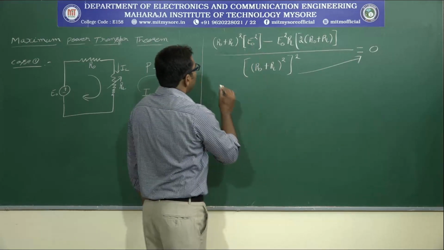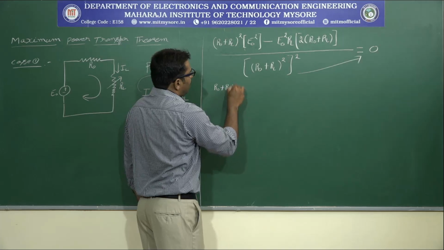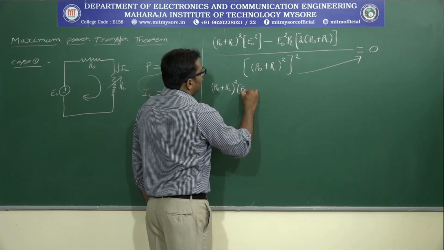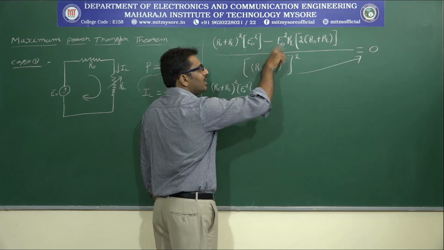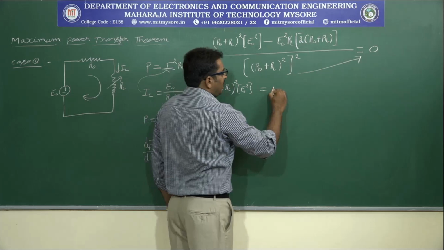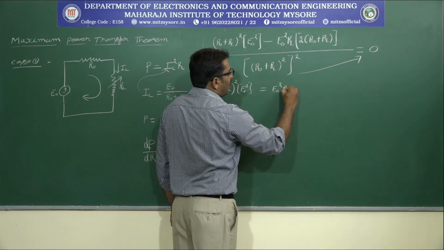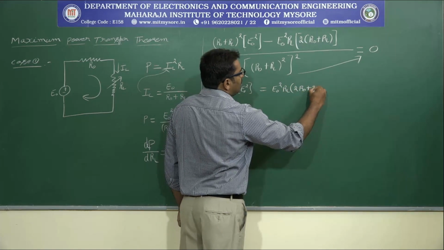Then consider the numerator: (R naught plus RL) square into E naught square equals, the minus shifted to the right side, E naught square RL into (2 R naught plus 2 RL).